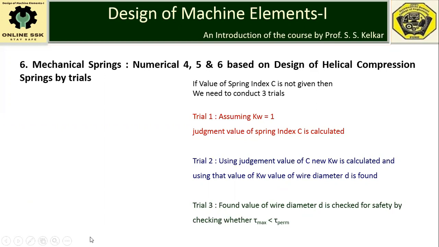Trial number one, by assuming value of Kw equal to 1. As C is not known, therefore Kw is not known. We are not in a position to calculate Kw. Therefore, we have to assume Kw is equal to 1.